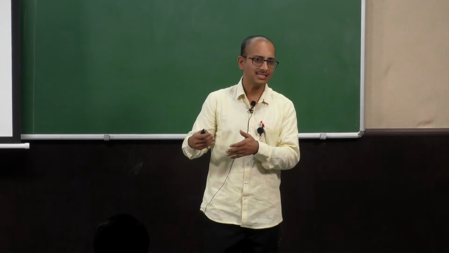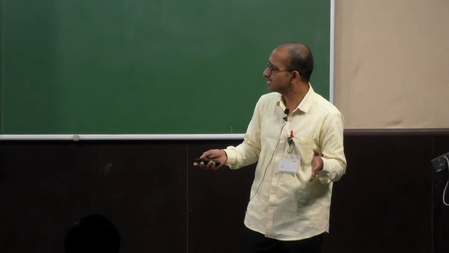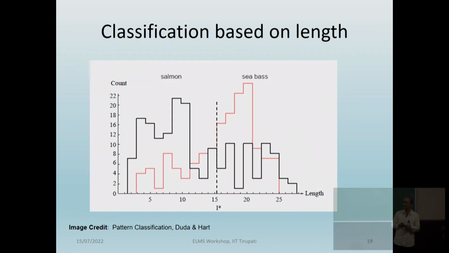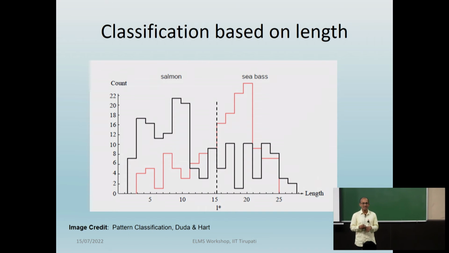Say I am getting 1000 samples of fishes, and each length I have measured ranges from 3 centimeters to 28 centimeters. If I want to put them into two categories, I know that sea bass is longer than salmon, so I can straight away put them by deciding something, right. So why do I need to see all fishes to decide and then put them into two categories?